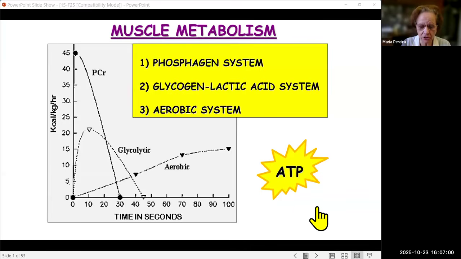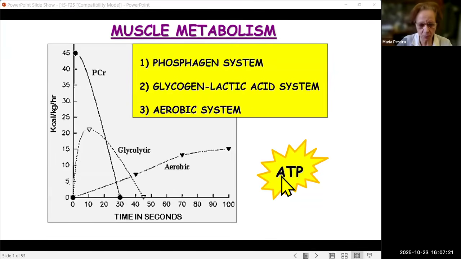So you have chemical energy in the form of ATP that now is being converted to mechanical force, to tension.